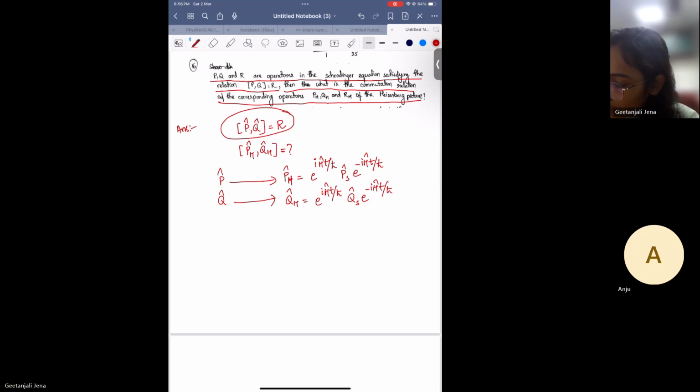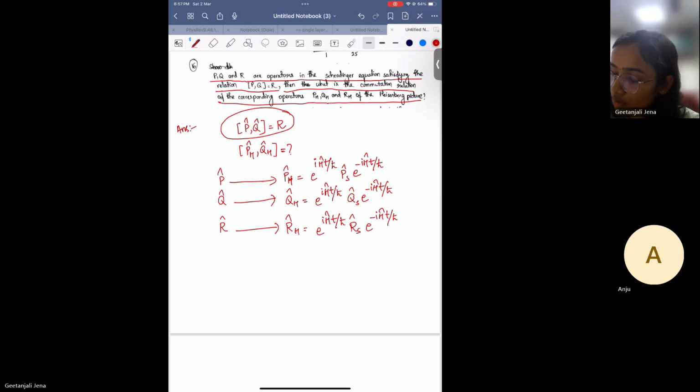And the third one, operator R, we write in the Heisenberg picture as e to the iHt by h-bar, R, e to the minus iHt by h-bar.